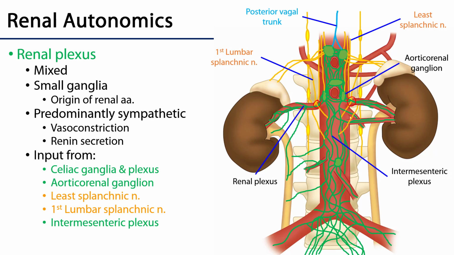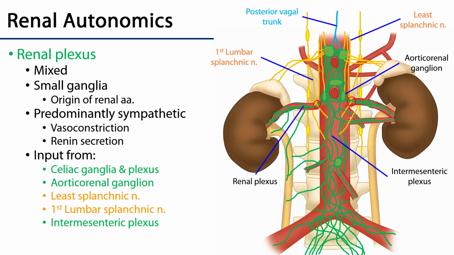The plexus is mixed, but it's predominantly, both in terms of its fibers and its actions, a sympathetic leaning plexus. So, when activated, it will cause vasoconstriction, so it will limit the flow of blood through the kidney, as well as the secretion of renin by the activation of the juxtaglomerular apparatus.